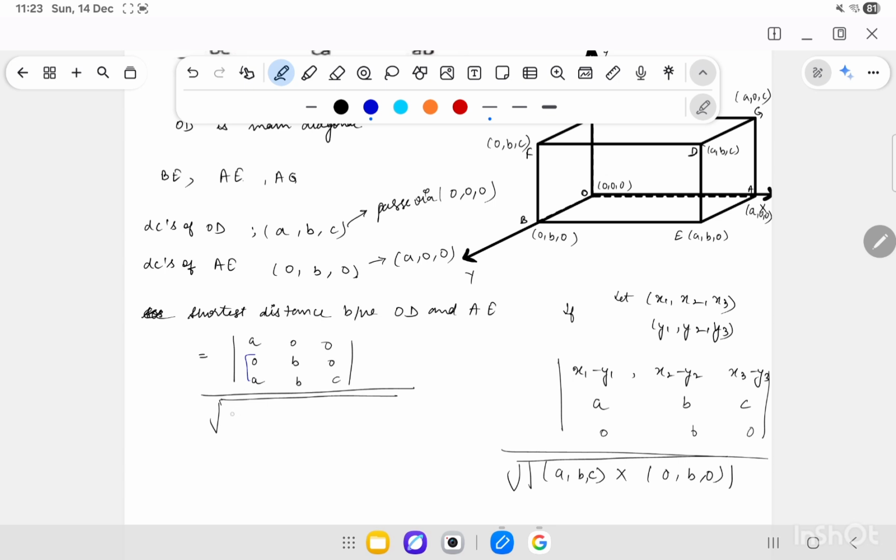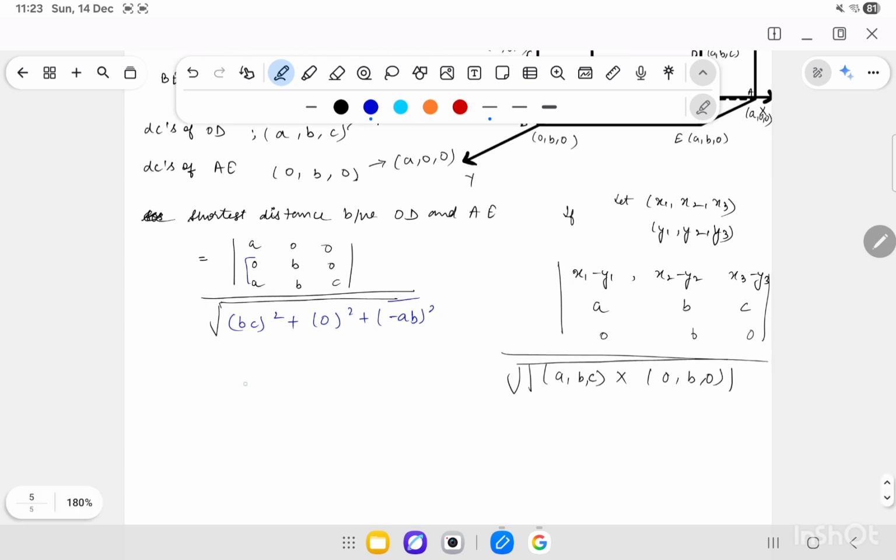So it will be the square root of bc squared plus 0 squared plus minus ab squared, and if I simplify all this, it will be equal to the absolute value of abc divided by the square root of b squared c squared plus a squared b squared.